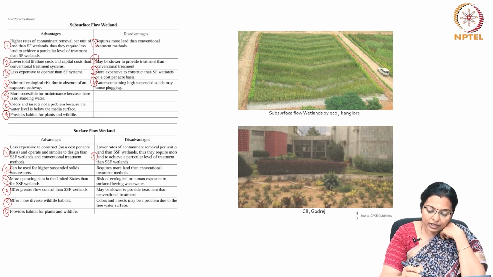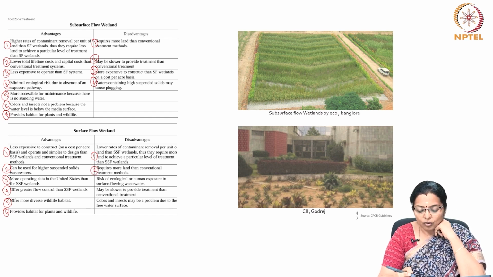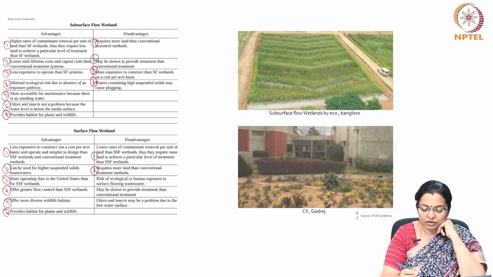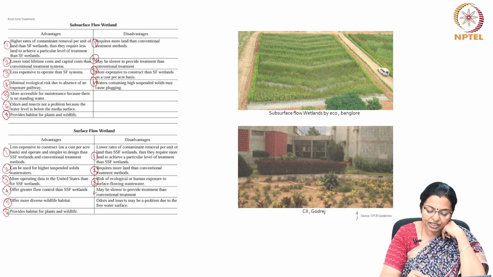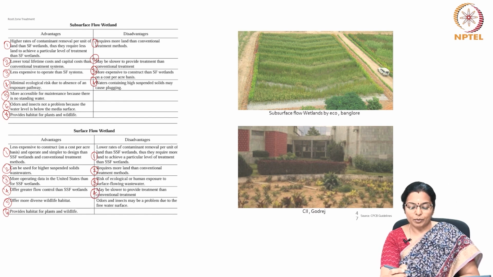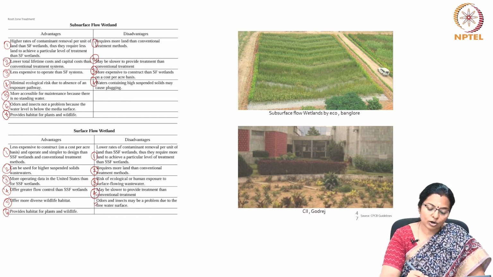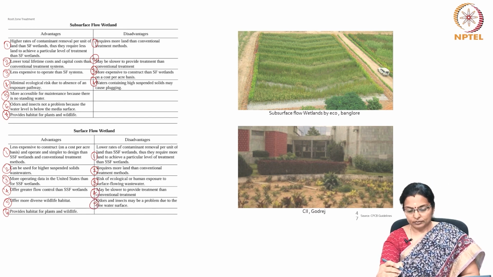They require more land than conventional treatment methods. There is risk of ecological or human exposure to surface flowing wastewater, which is very dangerous. They may be slower to provide treatment than conventional treatment. The odors and insects may be a problem due to the free water surface.